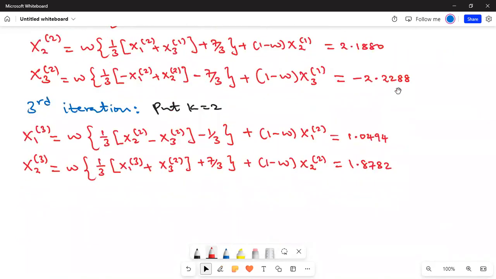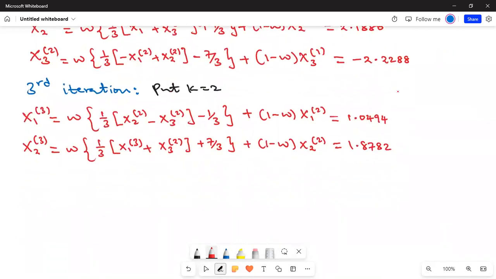Finally, the third equation, x3 at level 3 is omega 1 over 3 times negative x1 at level 3 already because we have it, plus x2 at level 3.